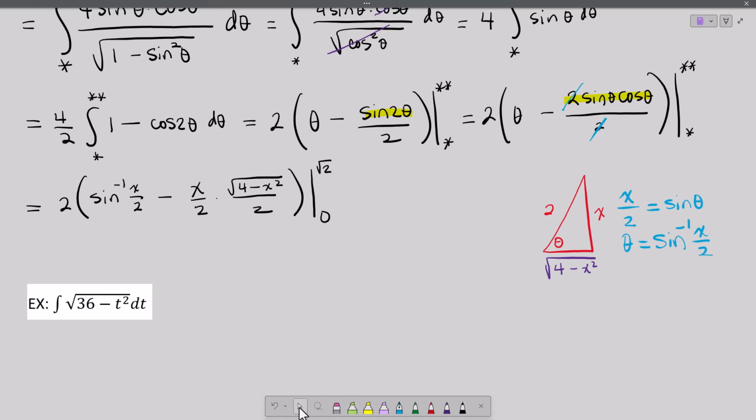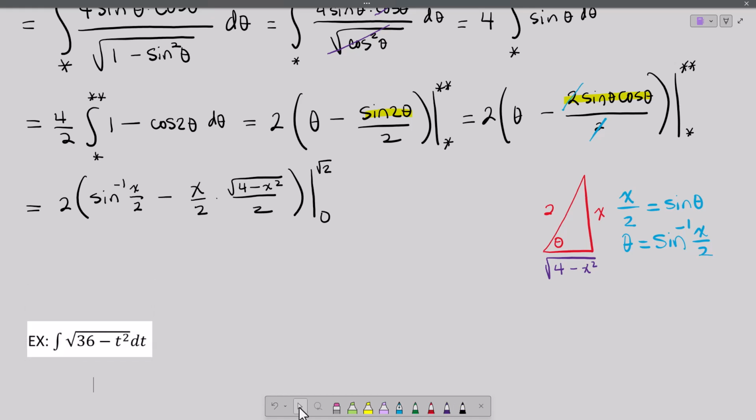So our last step is to evaluate at those limits of integration. Notice that if you plug in 0, this term becomes 0 because it's a multiplication by 0. Inverse sine of 0 is the angle on the right side of the unit circle with a sine value of 0. The angle on the right side of the circle with the sine value of 0 is 0 degrees, 0 radians.